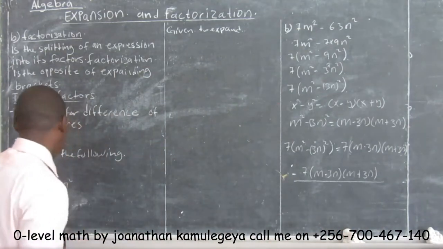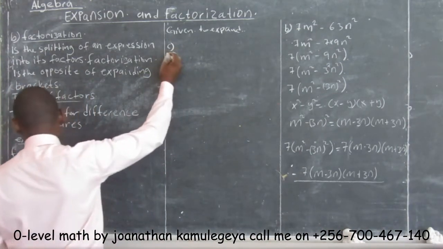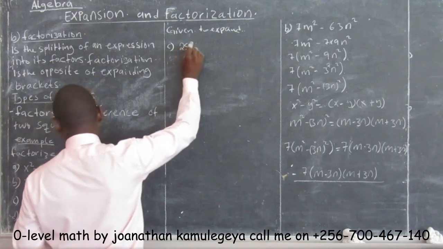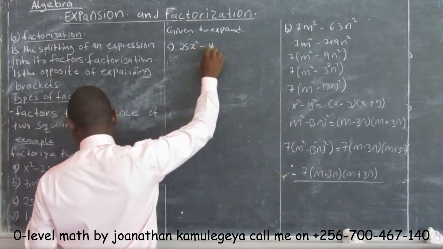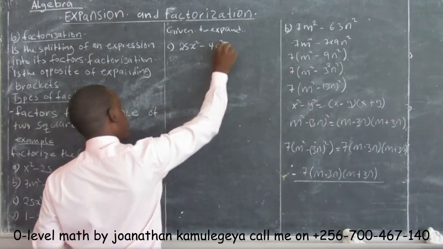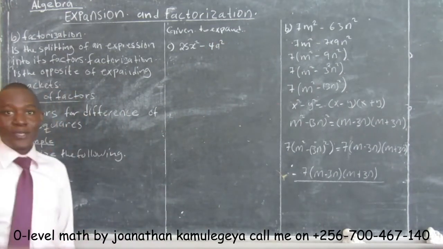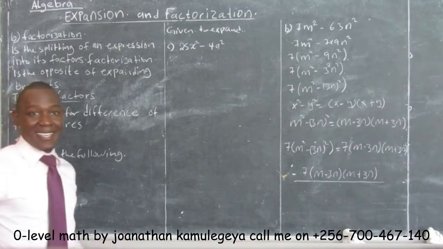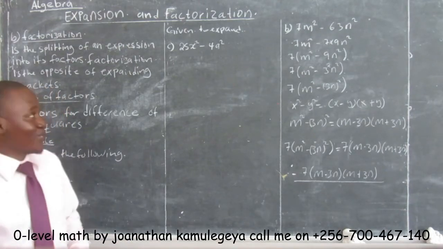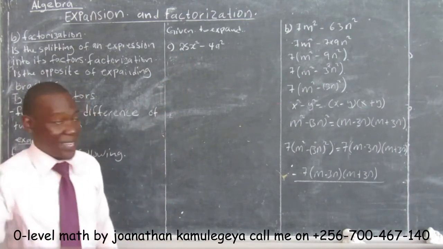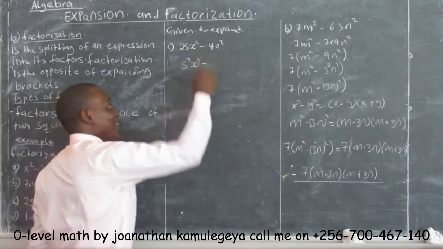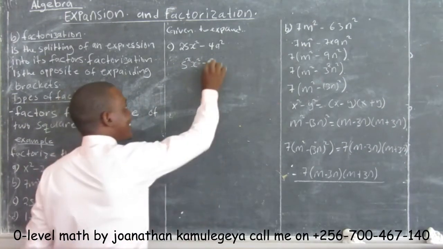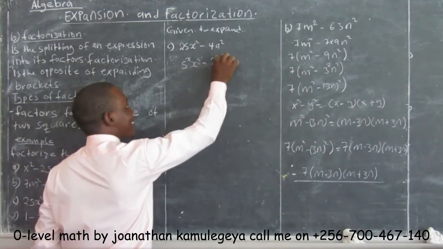Okay, our part C is saying 25x squared minus 4a squared. You want us to simplify this one here? We start by simplifying our expression, since you know that 25 is the same as 5 squared. It's going to be the same as 5 squared x squared minus 4, which is the same as 2 squared, times a squared.